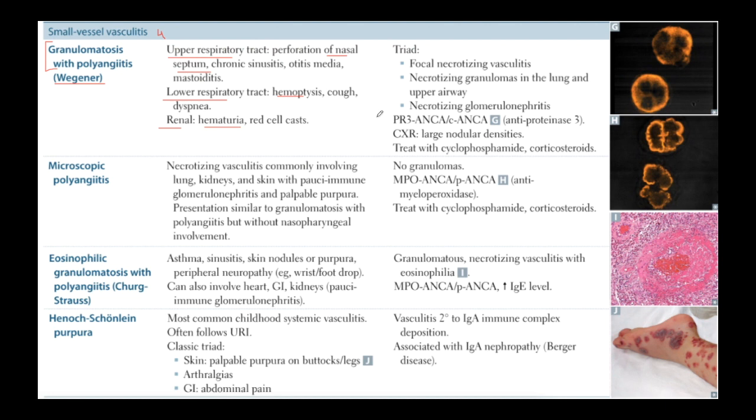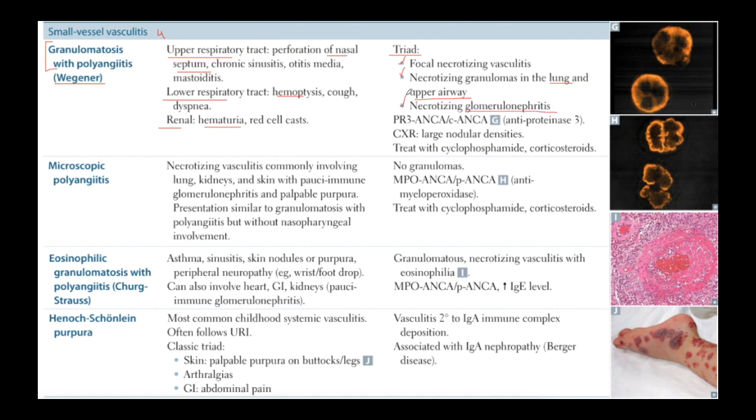Classically, you'll see the triad of focal necrotizing vasculitis, necrotizing granulomas in the lung and upper airway, and the glomerulonephritis as well.